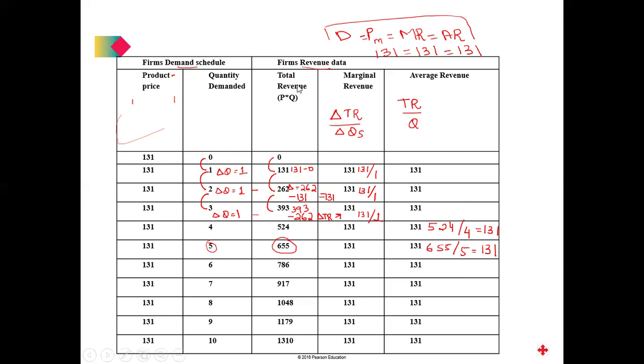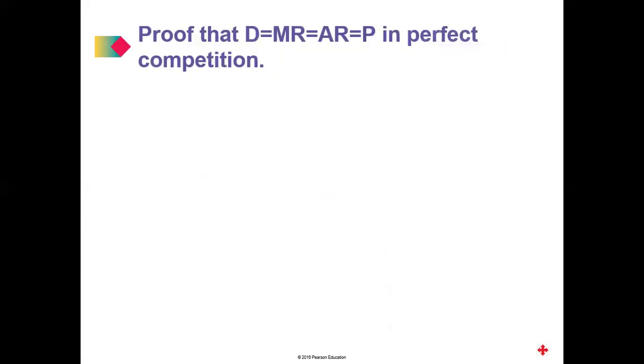In the next slide, I'm going to provide proof that the market price is actually equal to the average revenue. So I'm going to provide proof for this statement. So recall the formula for average revenue. Average revenue is equal to total revenue divided by quantity sold.